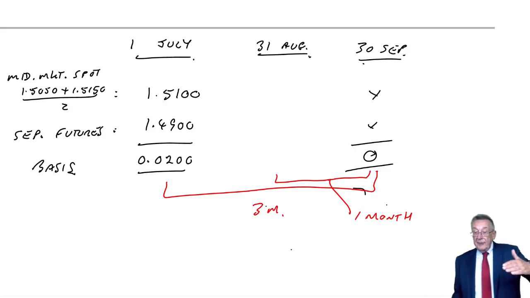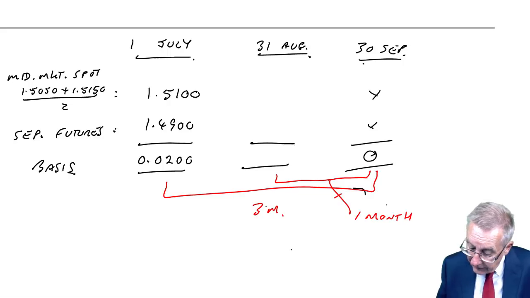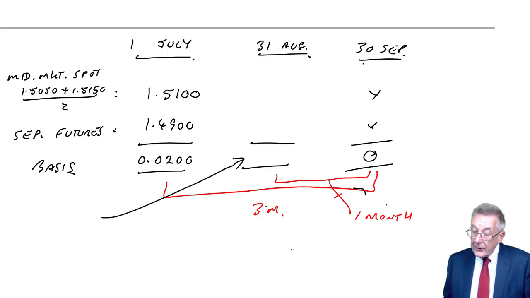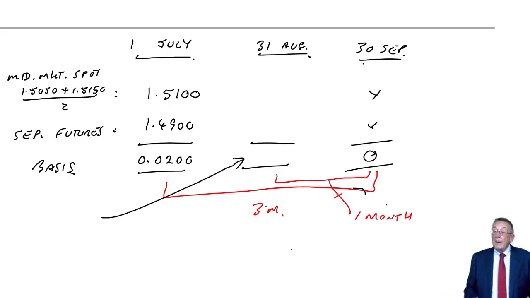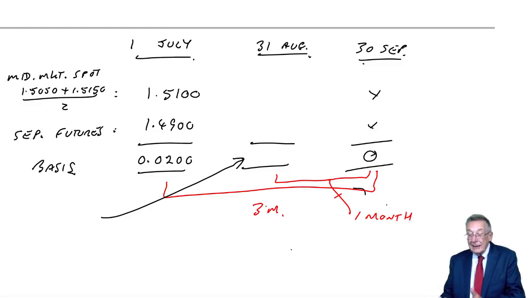Well, we assume that difference is falling by 1/3 each month, that it's falling linearly. And so the difference on the 31st of August, it's falling to 0 over 3 months. It will have fallen by 2 months. There'll only be 1 month difference left.